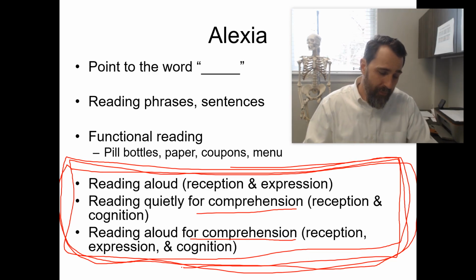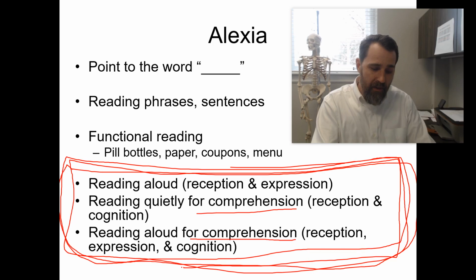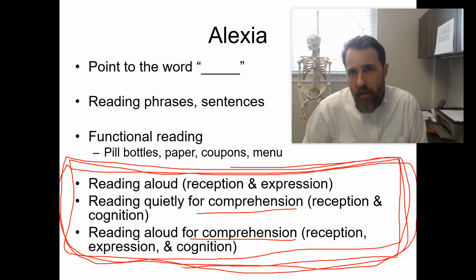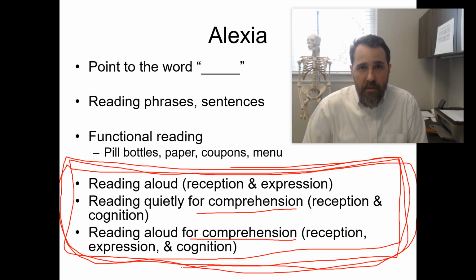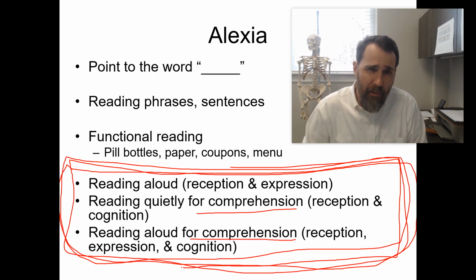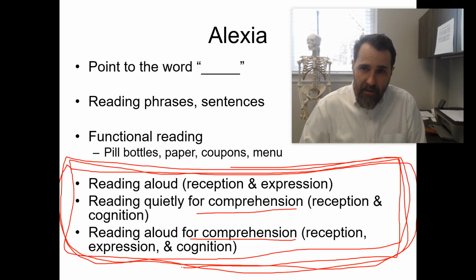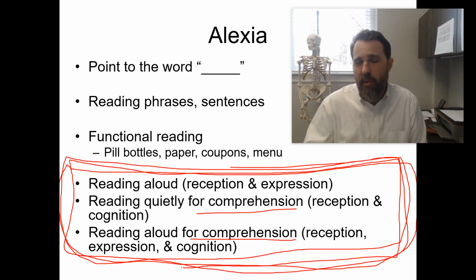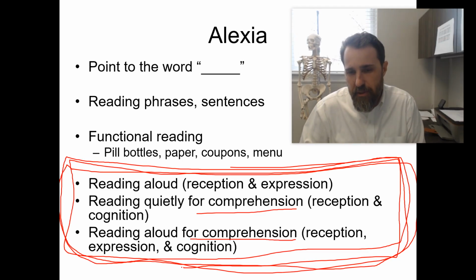Let me explain. So when someone reads something quietly and then you ask them questions, you probably want to do yes/no questions. So I'm going to ask you yes/no questions about what you read and see if you're able to respond correctly. And they could nod yes or no. So they're not required to produce any verbal expression.